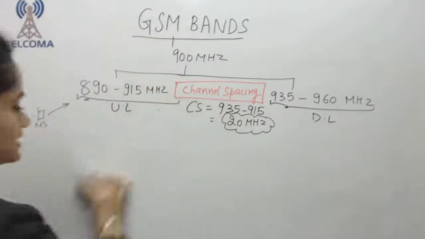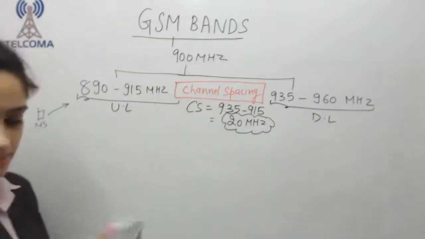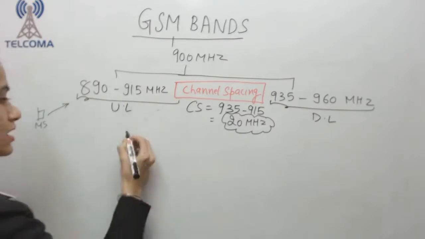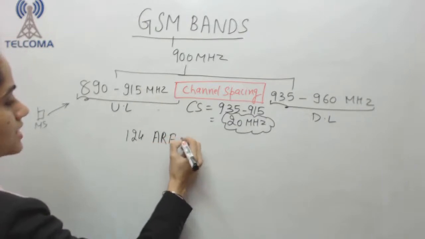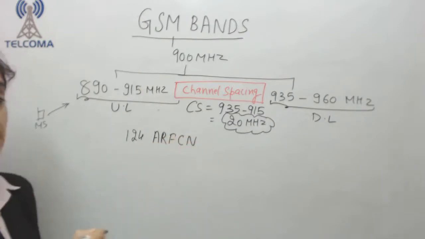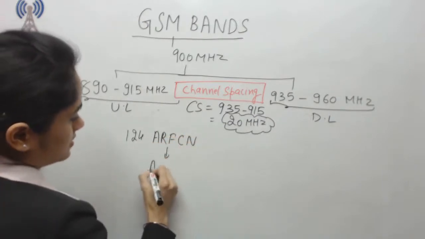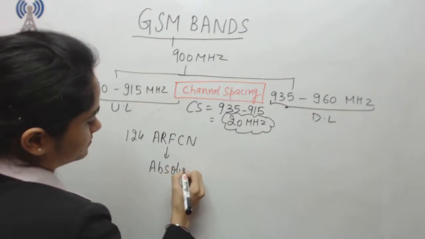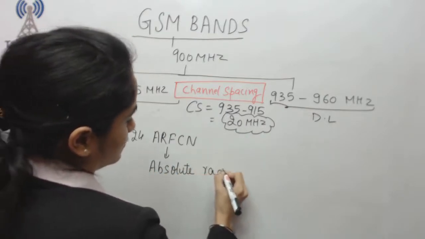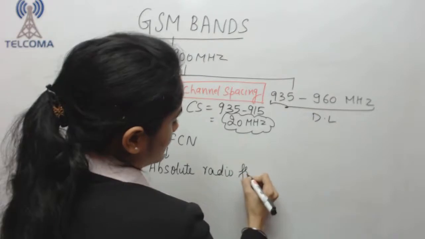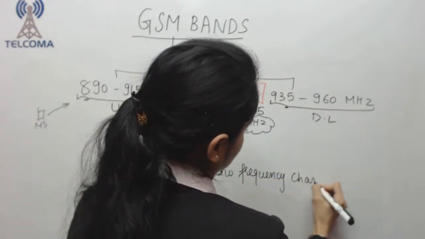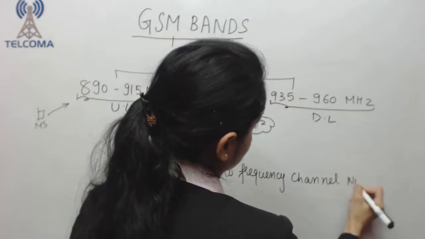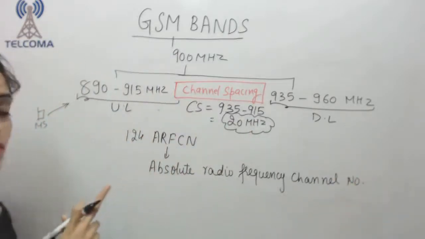That means in the 900 megahertz band we have a total of 124 ARFCN. ARFCN stands for absolute radio frequency channel number, which is basically the number of the channel.